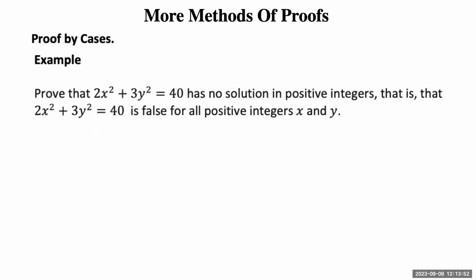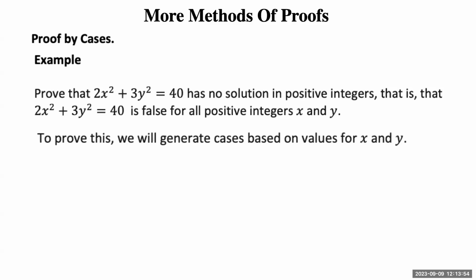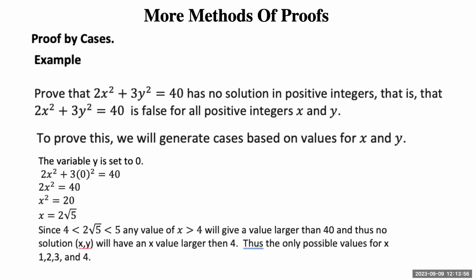So if I plug y equals 4 into this equation, 4 squared is 16, 3 times 16 is 48, it's already bigger than 40. And it doesn't matter what x is, just having y be 4, you're bigger than 40.